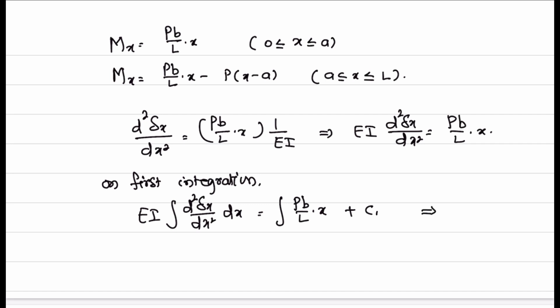That implies once we do the integral, the left hand side becomes EI into d delta x by dx. Then on the right side, Pb by L will be common, this is constant, integral x dx. What are the limits? Limits are for this Pb by L into x, 0 to a.